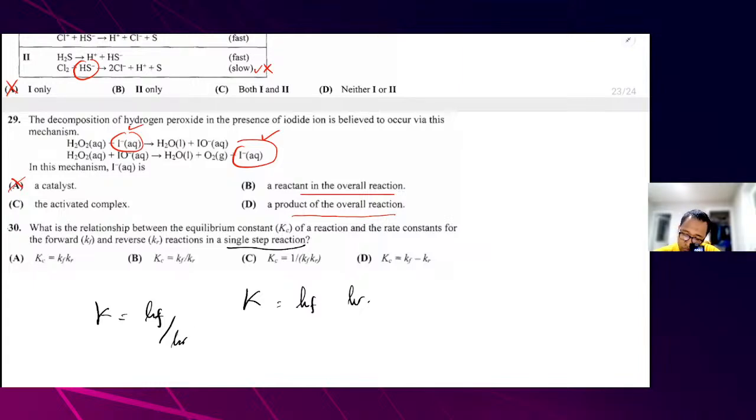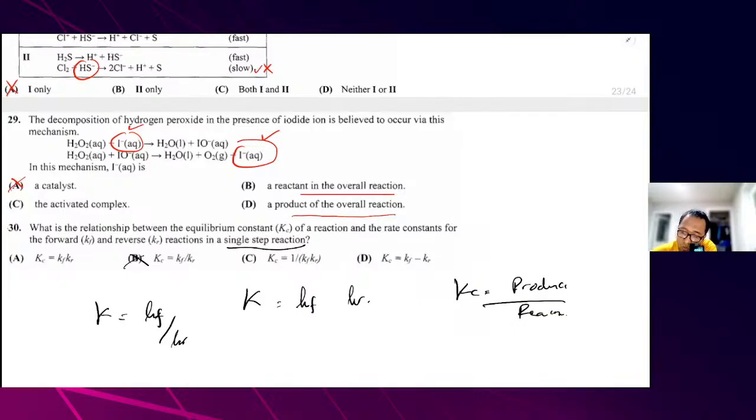So the answer will be P. Just remember, Kc is product divided by reactant, right?